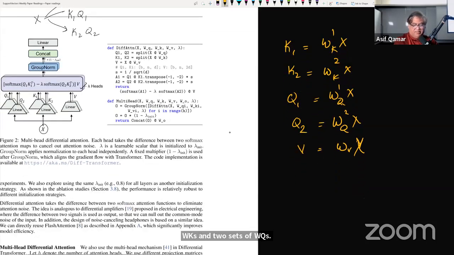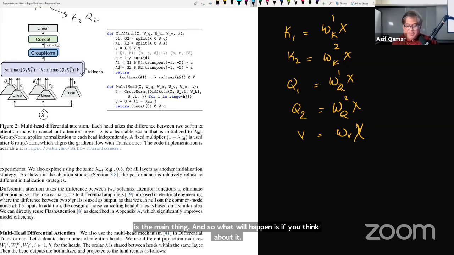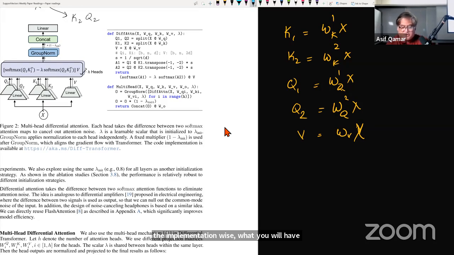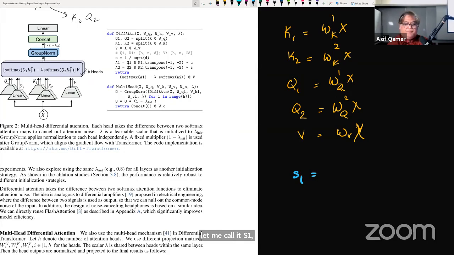And so what will happen, implementation-wise, is you will have one score, let me call it S1, and that will be equal to the softmax of K1, Q1, the inner product, over square root of D, if you remember.